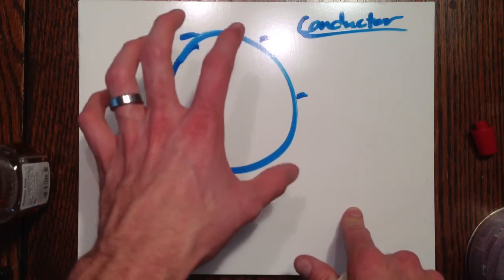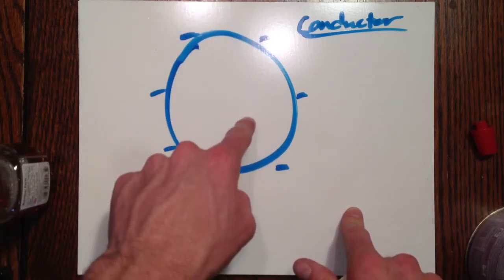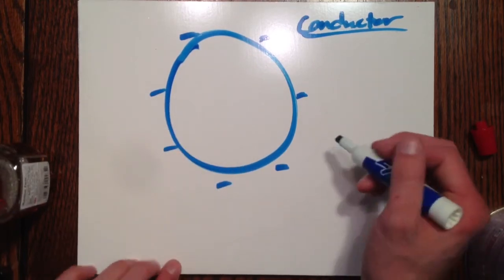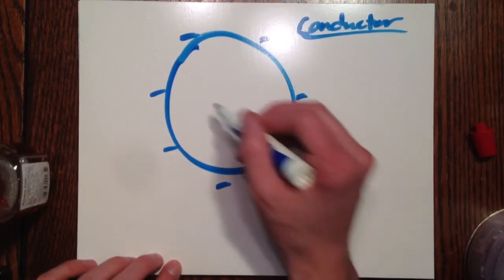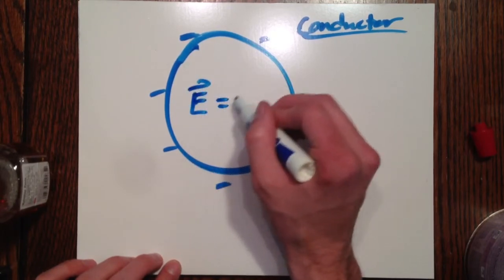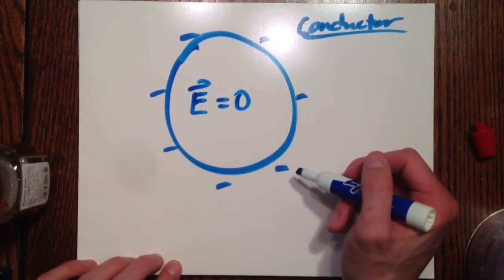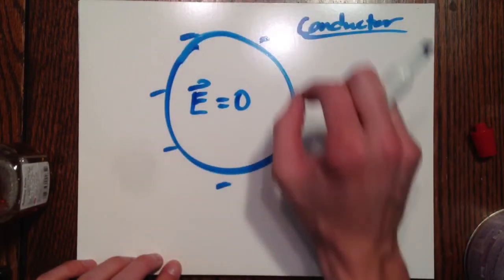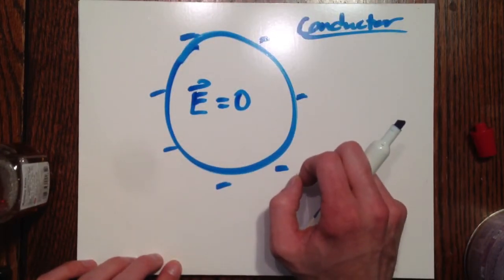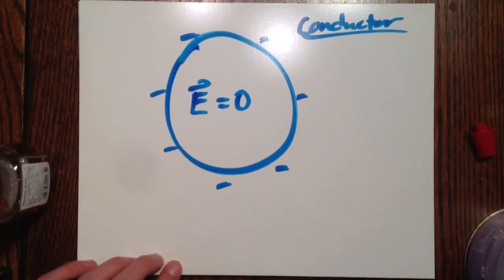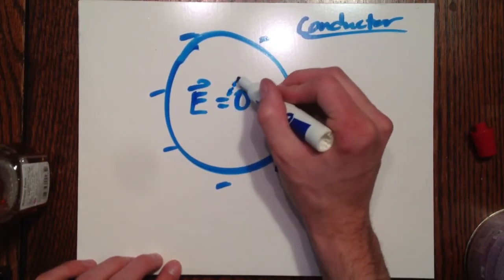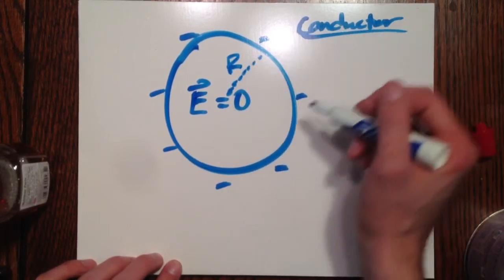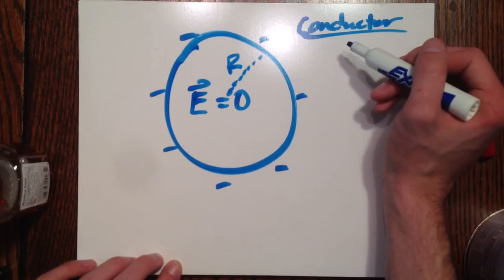Because with a conductor, there is no electric field inside the conductor. In other words, as soon as you pass this surface, your electric field is equal to 0. That's because all of the charge is on this outer surface. And so if they tell you you have a sphere with radius r, you can still calculate the electric field outside of the sphere.